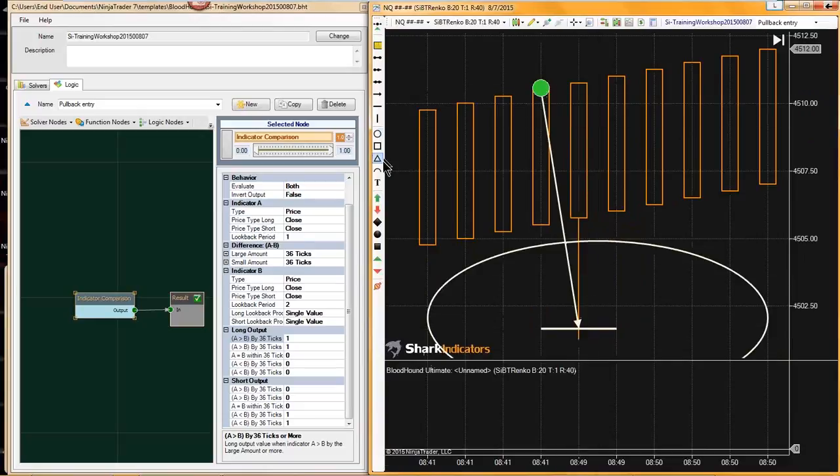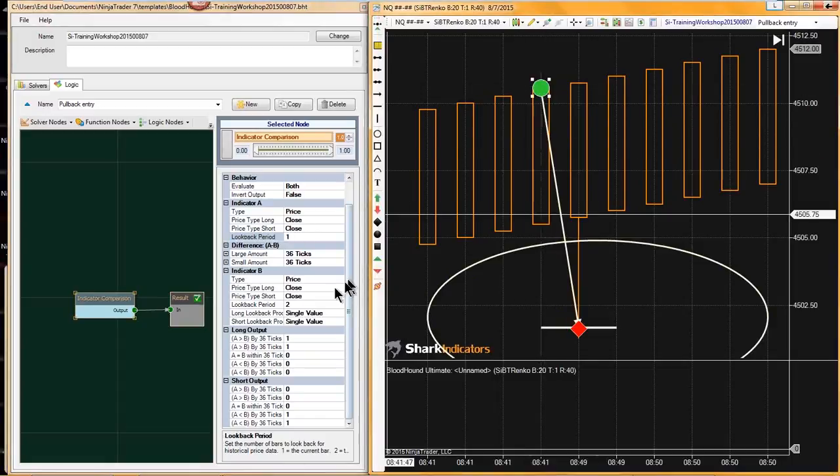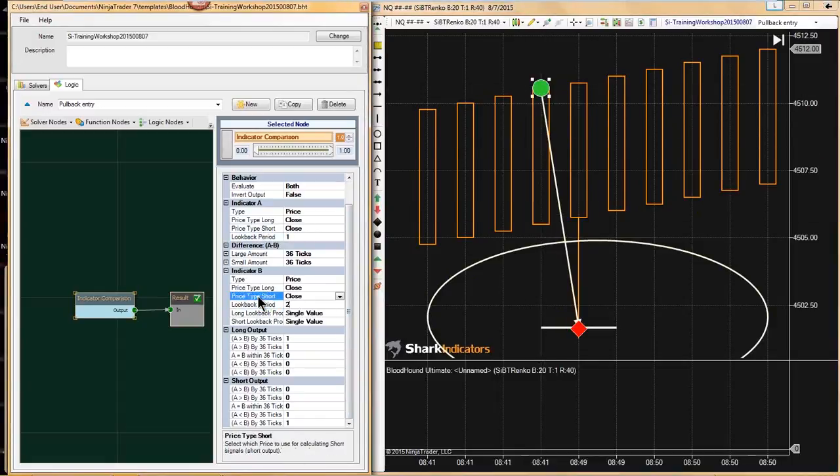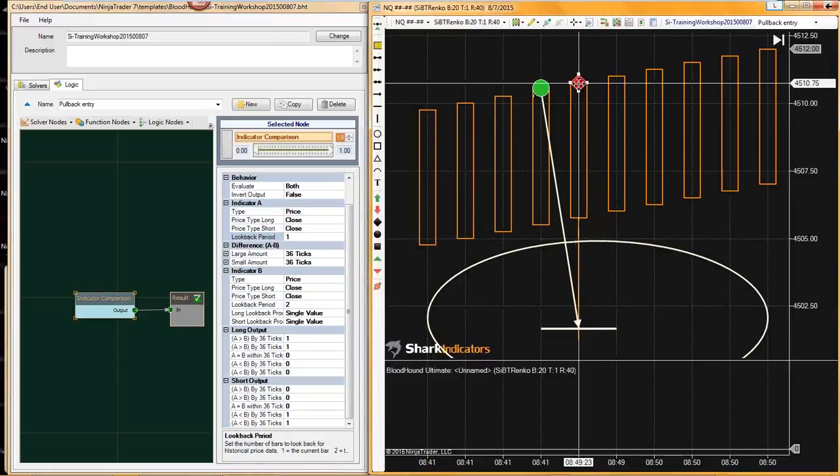I'll use this to represent the closing price. So the red triangle represents this closing price, and the green dot represents indicator B's closing price. Right now, what NinjaTrader is looking at, the closing price of the current bar, is actually up here.